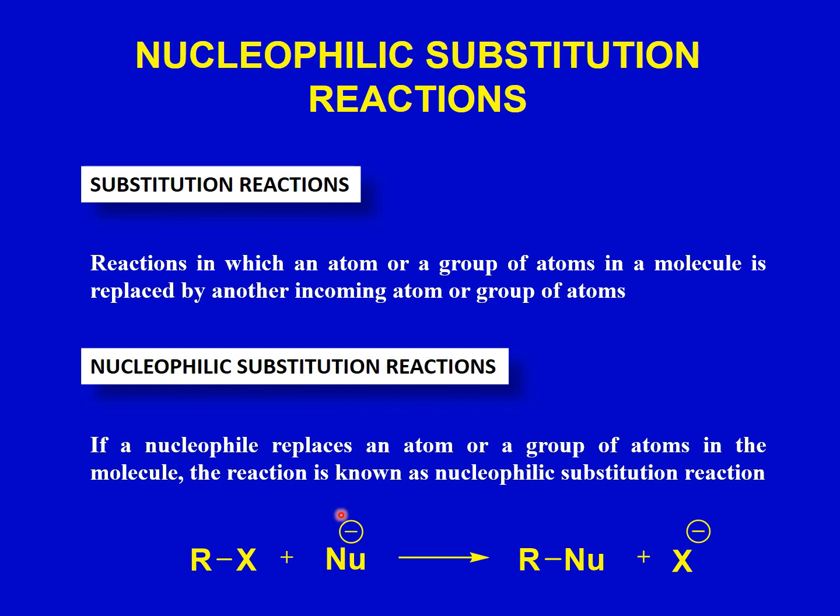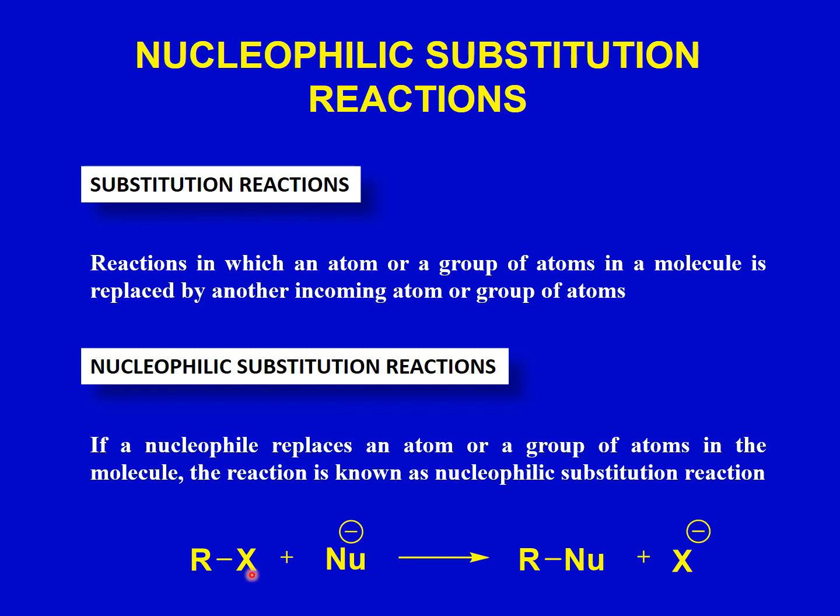If you look at this molecule, this R group is attached to an X. As I told you, X could be any good leaving group, and usually it's a halogen or any group that has an oxygen or a nitrogen in the structure.